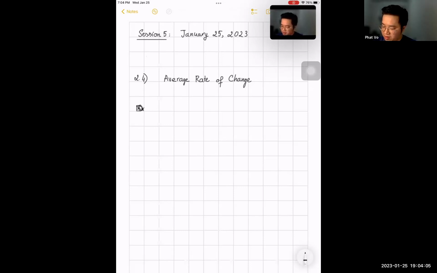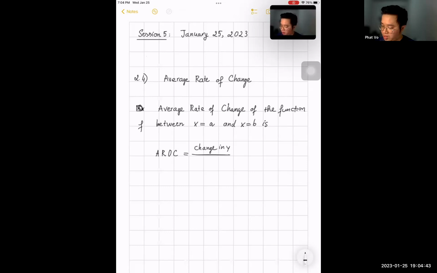First, I need to recall what the average rate of change of a function is. The average rate of change of the function f between x equal to a and x equal to b, sometimes we write AROC, is equal to the change in y over the change in x.